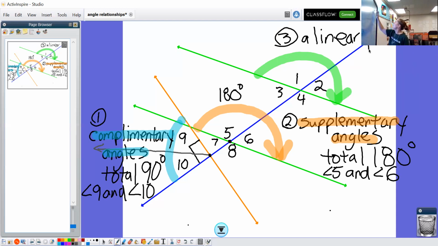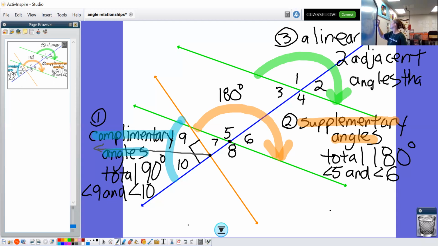A linear pair of angles is two adjacent angles that total 180 degrees. So it's just another word for supplementary angles.